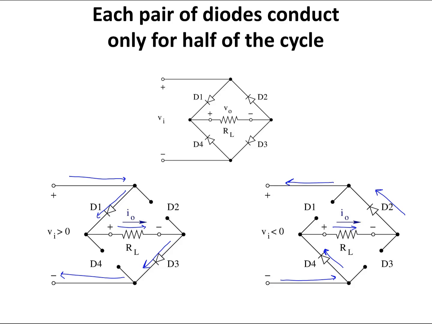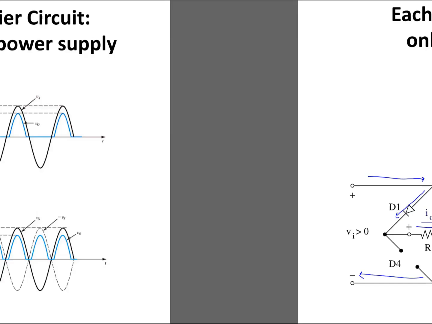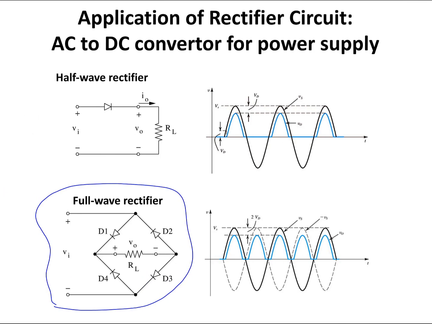So when Vi is greater than 2 times VD0, VL is going to be equal to Vi minus 2 times VD0. As you can see in this figure, this is my Vi. When the value of Vi is greater than 2 times VD0, the output is going to have a positive non-zero value, equal to Vi minus 2 times VD0.